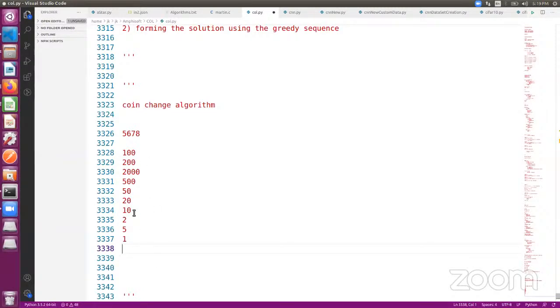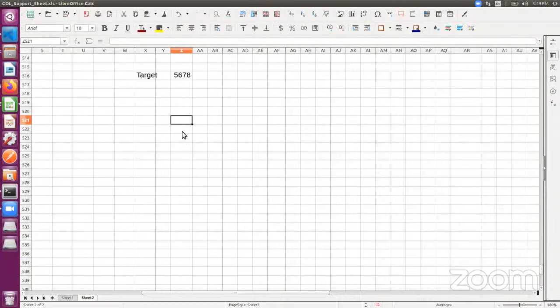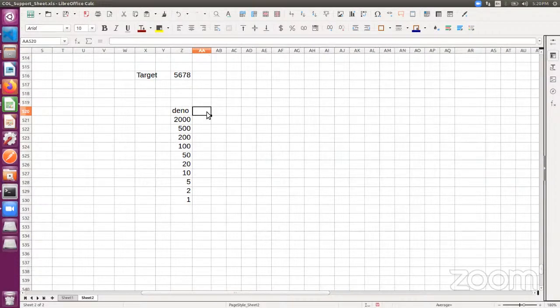Based on the denomination values, if we arrange it in descending order, we get 2000, 500, 200, 100, 50, 20, 10, 5, 2, 1. Now let us find out how many coins of each denomination we are taking.